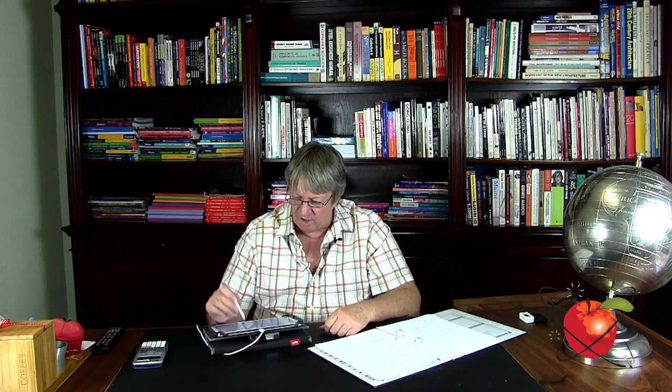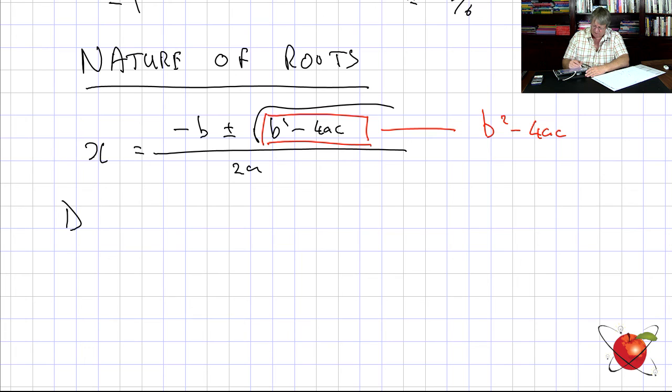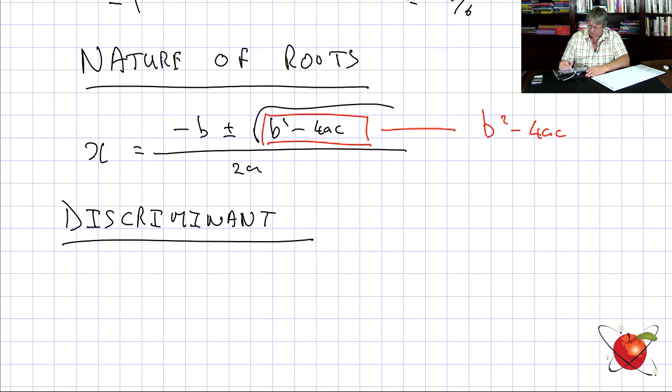What do we call it? We call it the discriminant. The discriminant, and it's called delta, is equal to b squared minus 4ac. 4 times a times c, right? The discriminant delta is that.